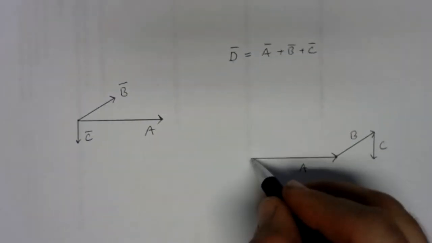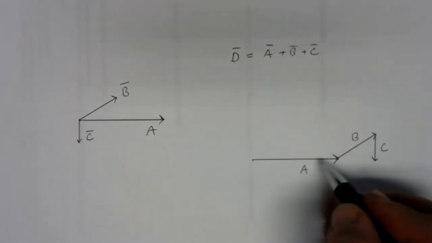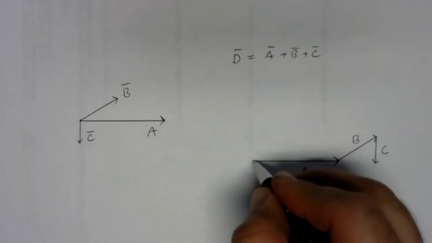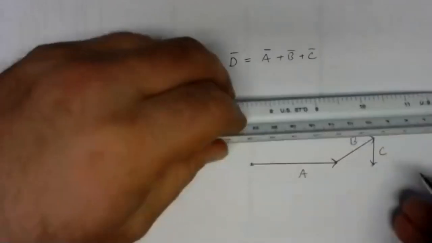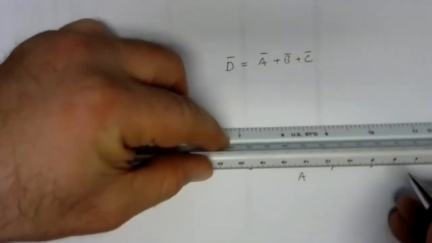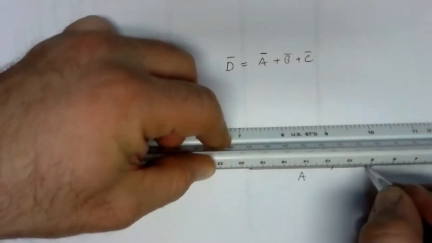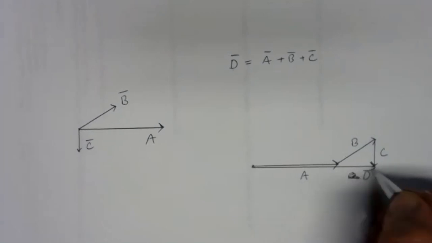So vector A, B, and C. We're going A first, then B, then C. And our answer is going to be a line from the beginning of A to the end of C. And we get something that looks sort of strange, but sort of like that. That would be vector D.